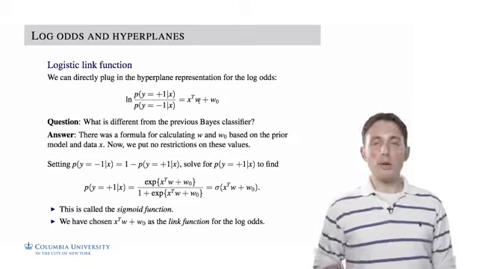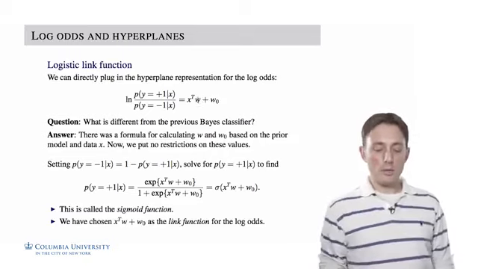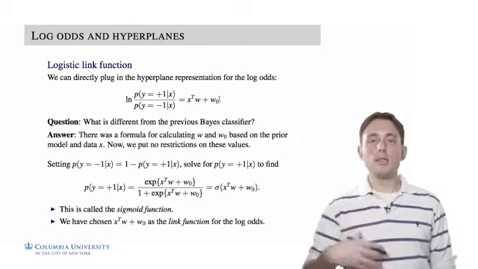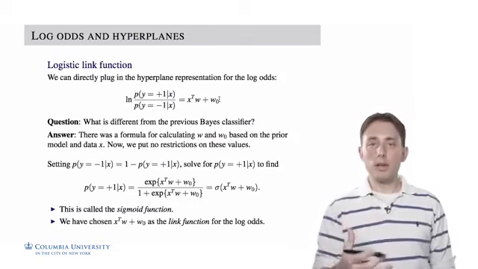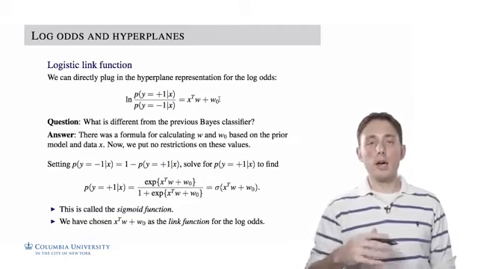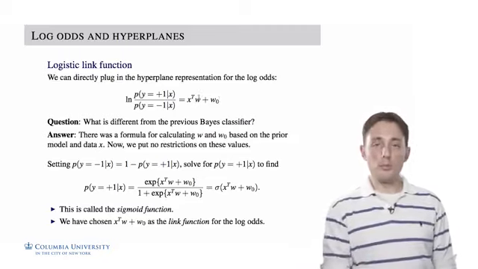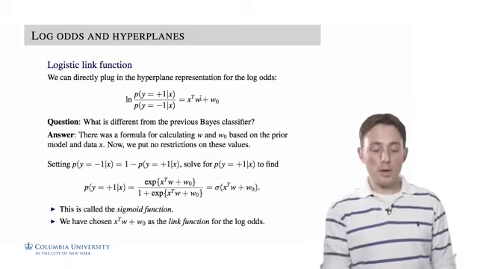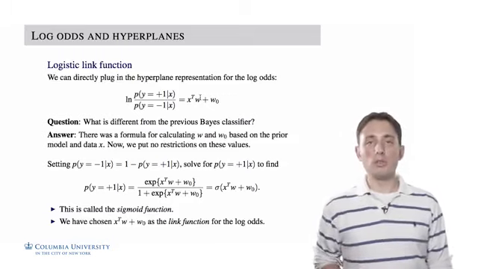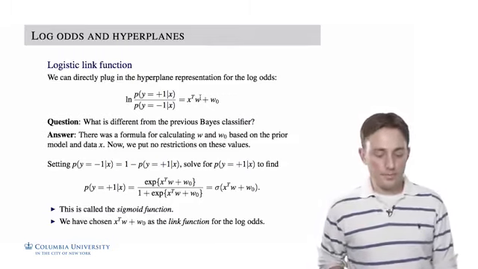So there was a parametric form for how W and W naught were calculated, and because of the way those parameters are calculated through MLE, for example, there was essentially a restriction on what these two values could take. Perhaps it's a reasonable restriction, but still it's a restriction.